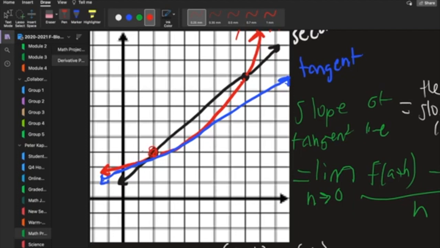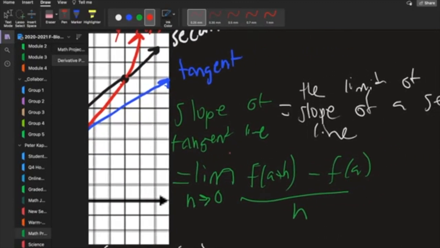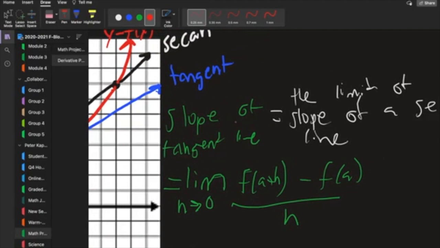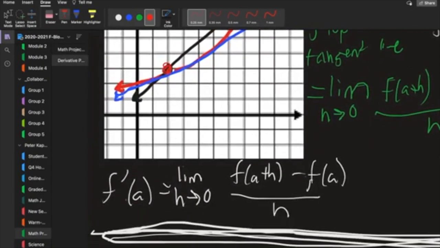To find the derivative, we just need to find the slope of the tangent line, and that can be represented as what we said before, the limit as h approaches 0 of f of A plus H minus f of A over H. And in mathematical terms, we represent this as f prime.